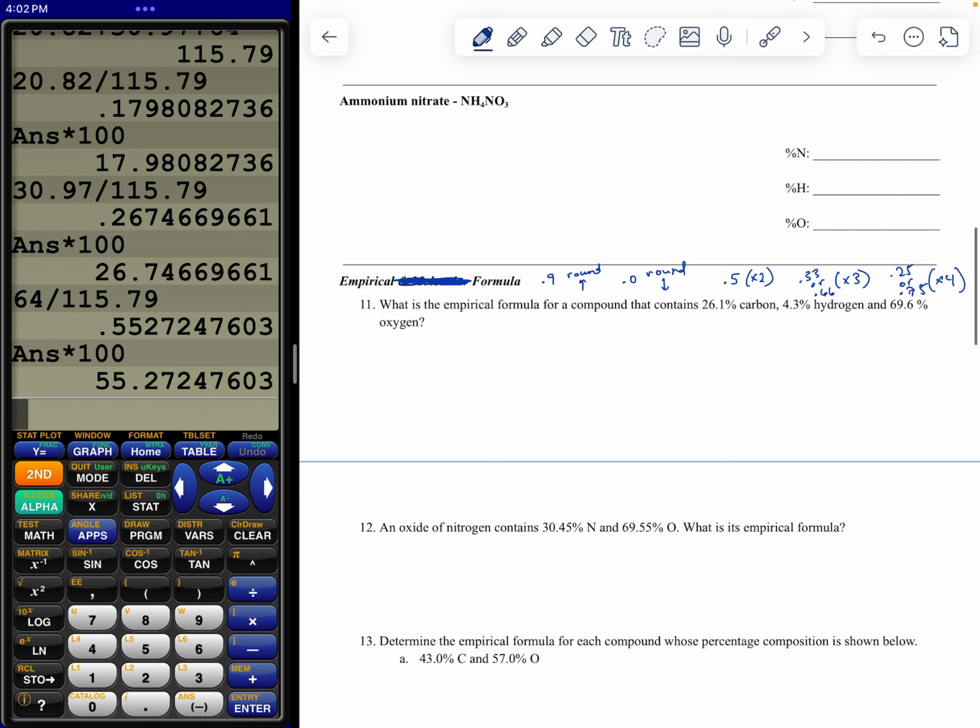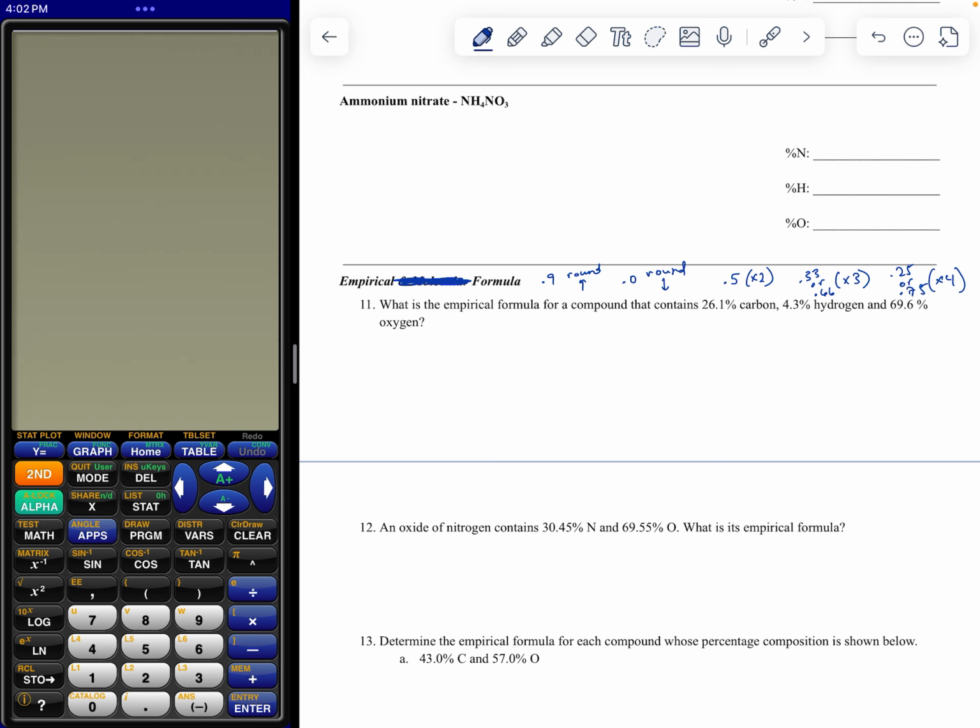So the way that we've kind of done in class was to just kind of take it step by step and just lay out everything that you have. And we have, in this order, these percentages of these elements. So we have carbon, we have hydrogen, and we have oxygen. We have 26.1% of this is carbon, 4.3% is hydrogen, 69.6% is oxygen.